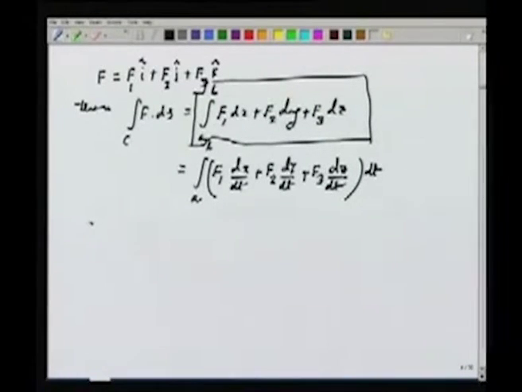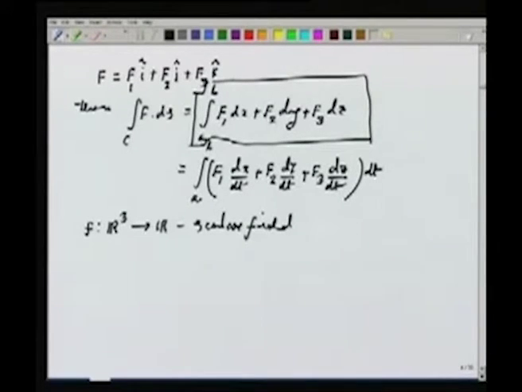Suppose I have a function f which is a function from R3 to R. So this is a scalar field, no longer a vector field, because the value of the function is a real number.